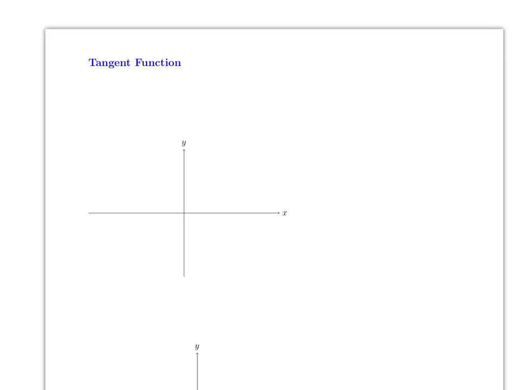Finally, let's look at the graph of tangent. So remember, cosine and sine use the same x values, but tangent uses slightly different values. So for tangent, these are the values you're going to use. Okay. So here we're going to use minus pi over 2. We're going to use minus pi over 4.